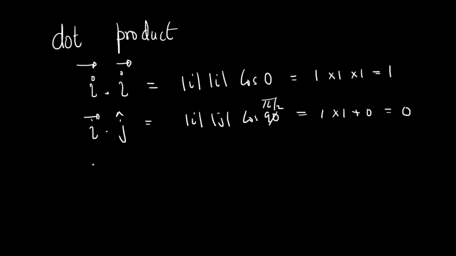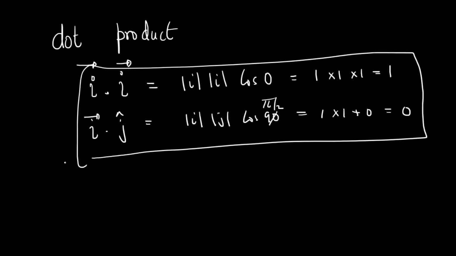So you could do this for i dot k, j dot j, and so on, but you get the idea that these unit vector products are fairly easy to evaluate. And we use this actually to derive the formula that a dot b is actually equal to ax bx plus ay by. Now these are all scalars.